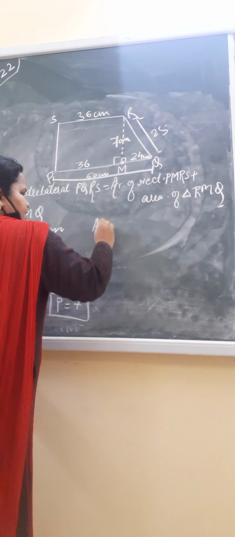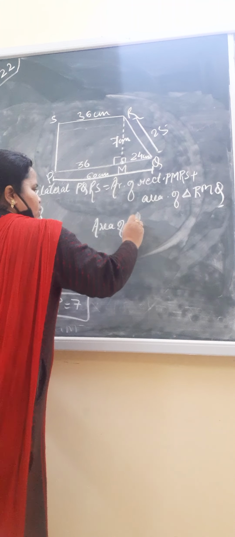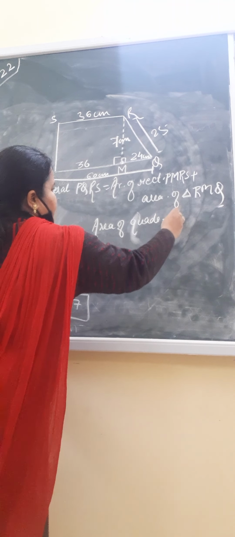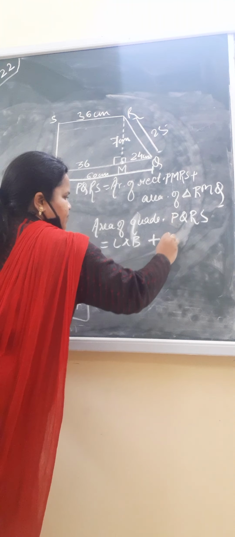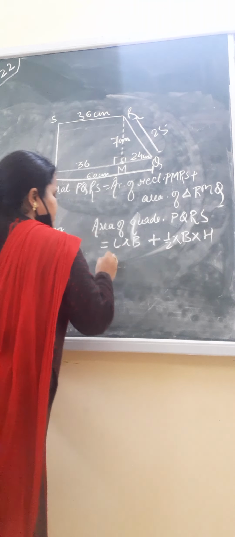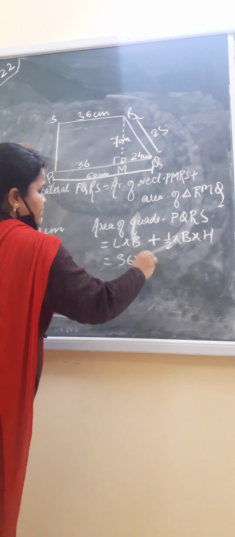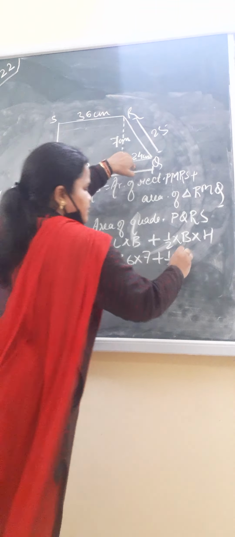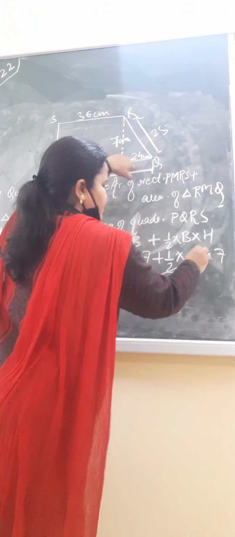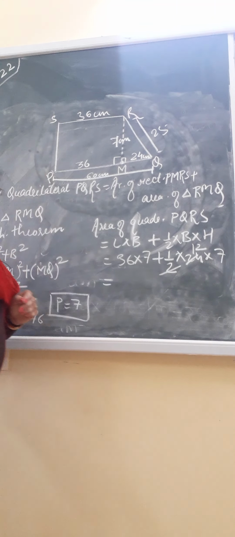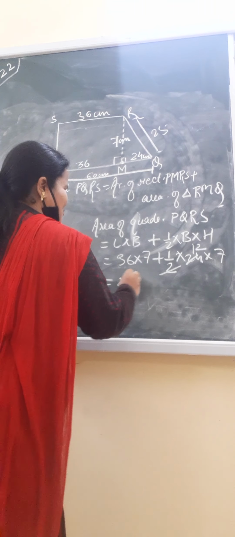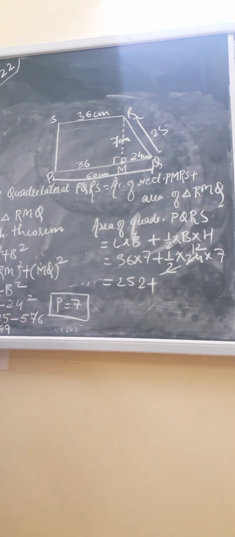Now area of quadrilateral PQRS is equal to length into breadth plus half base into height. Length is 36 into 7 plus half base, that is 24, into height, that is 7. 36 into 7 is 252. 12 into 7 is 84.